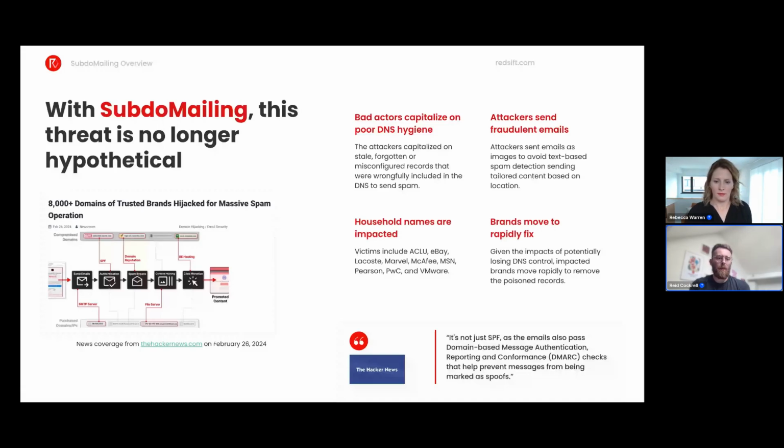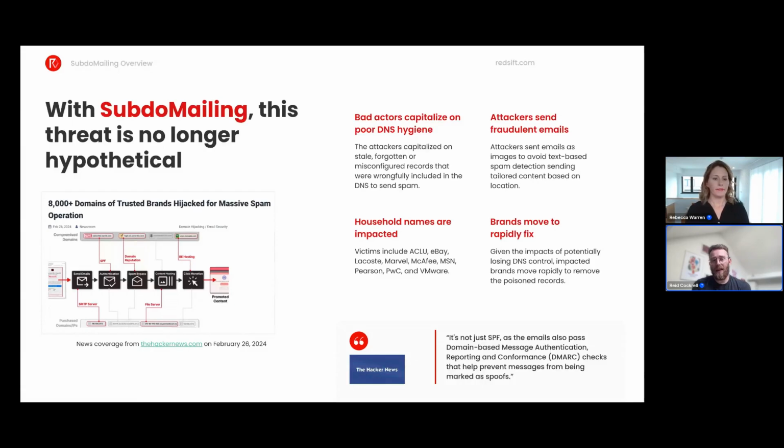There were 8,000 plus domains of trusted brands hijacked, about 13,000 subdomains, and at one point up to 5 million emails per day were sent impersonating these brands. They were generating revenue through fraudulent ad views, sending customers towards fake giveaways, security scans, fake surveys and affiliate links.